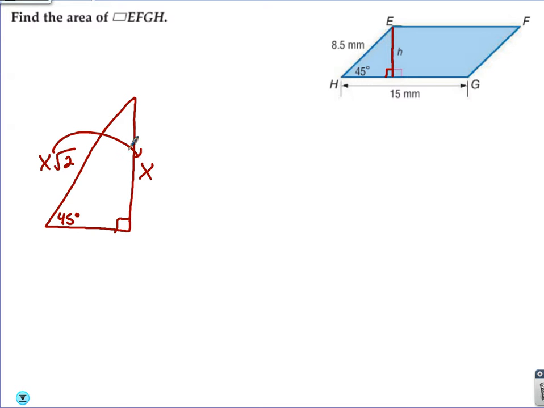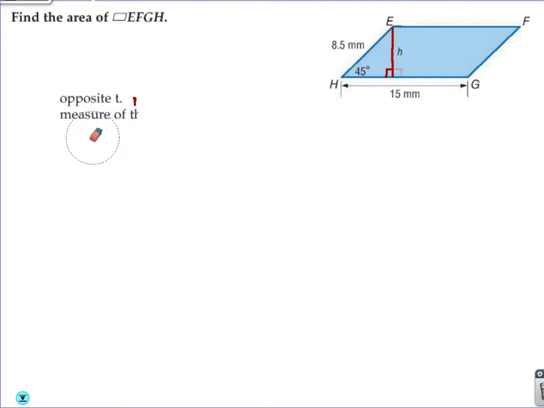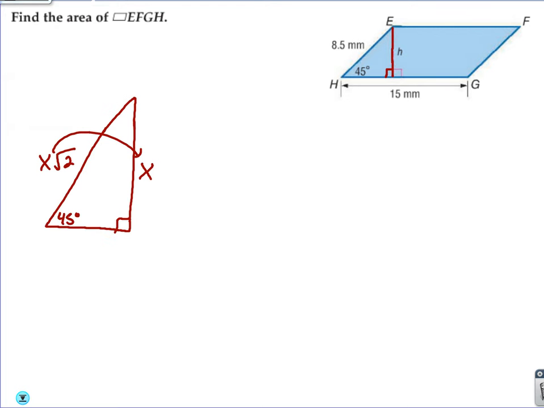If you multiply by root 2 to give you here, then you'll divide it by root 2. So what you can do is just on your calculator, type in 8.5 divided by the square root of 2, and it gives you what? 6.01. And again, what I would do is I would not clear my calculator.